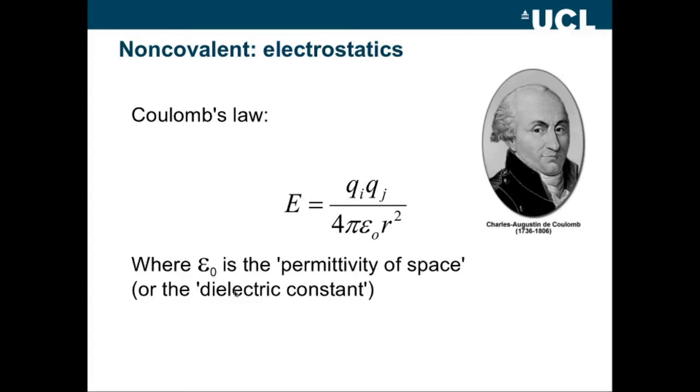You can see from this equation that if Qi and Qj, the two charges, have the same sign, then whether they're both negative or both positive, the resulting energy will be positive. Whereas if one of them is positive and one of them is negative, then the resulting energy will be negative.